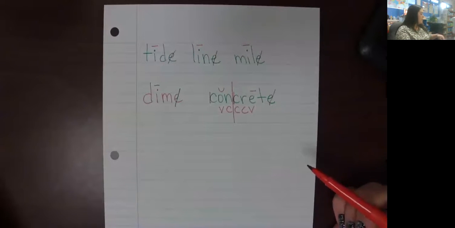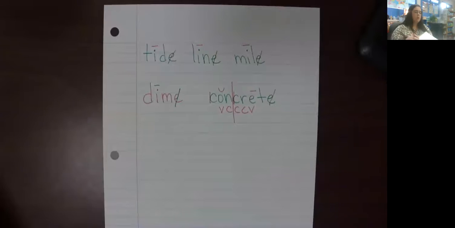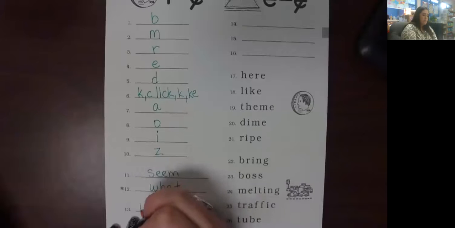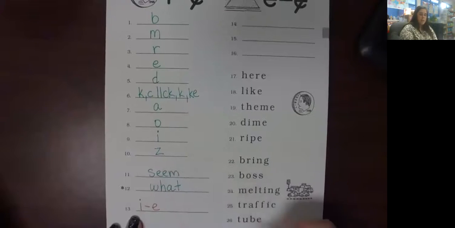And then now we're going to come back to our worksheet here. And down at the bottom on 13, we are going to put I consonant E, comma, and E consonant E, because we learned both. Okay, so then on 14, we are going to spell the word fine.